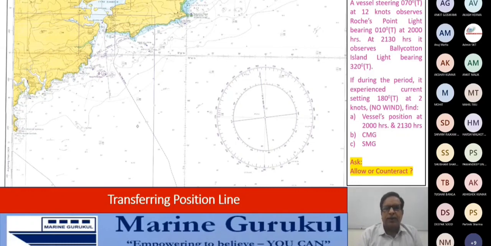If during this period, it experienced current setting 180 degrees true at 2 knots, but no wind, find the vessel's position, CMG and SMG. So beta, only difference here is we have a current in the area, there is no wind. Rest everything is same.